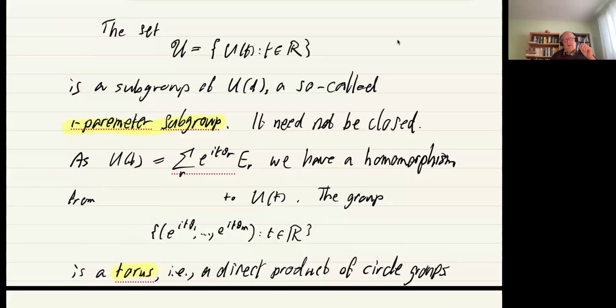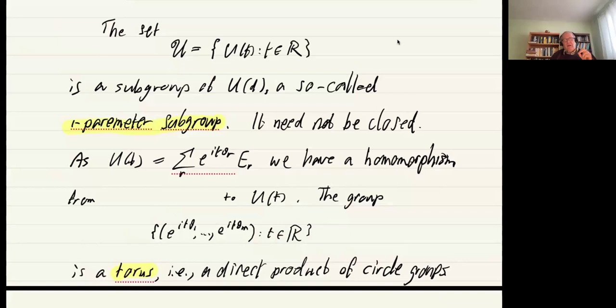So it traces out a curve on the manifold. That's a nice curve. It's continuous, but it is not necessarily dense, and it is not necessarily a closed subgroup of the unitary group. Closed subgroups of the unitary group are nicer to work with because there aren't as many. There are, in some sense, very few of them.